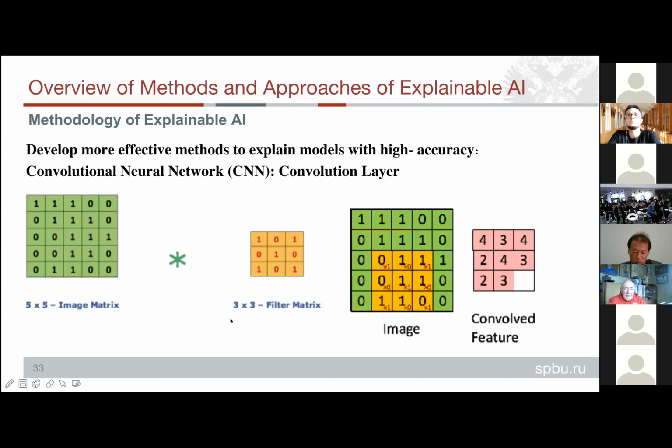convolution. It is a mathematical operation that takes two inputs, such as an image matrix and a filter, also called a kernel. Consider a 5x5 image matrix and a 3x3 filter matrix. And like this, by this computing, we can get the feature map.